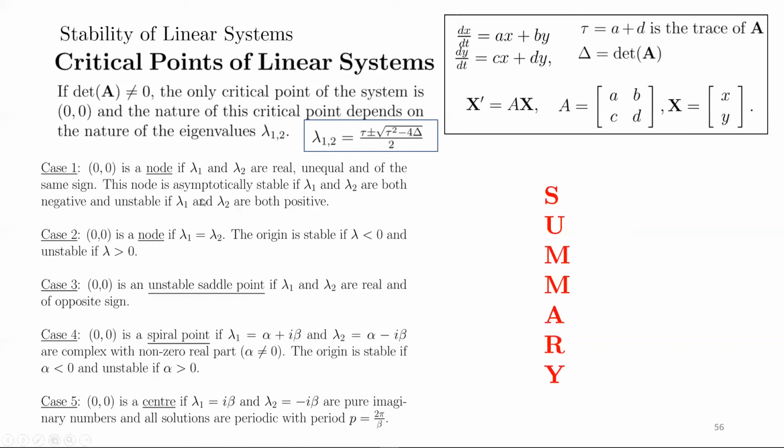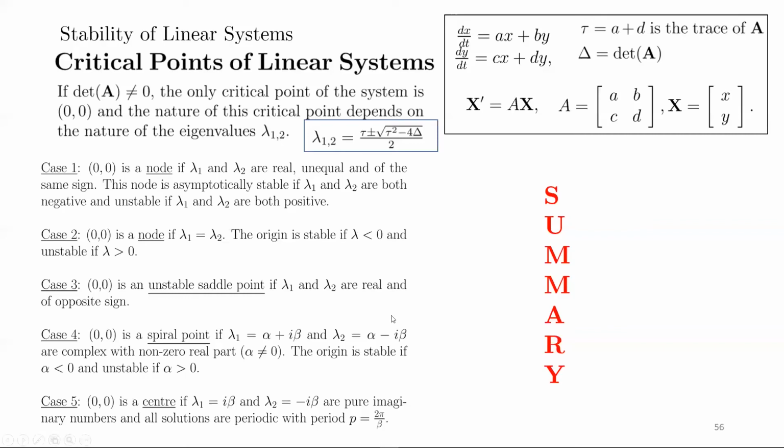Case 1, we have a node, and of course it's asymptotically stable if lambda 1 and lambda 2 are both negative, and unstable if they're both positive. We have a node if we have a repeated eigenvalue, stable if the eigenvalue is negative, unstable if positive. An unstable saddle point if lambda 1 and lambda 2 are real but of opposite sign.